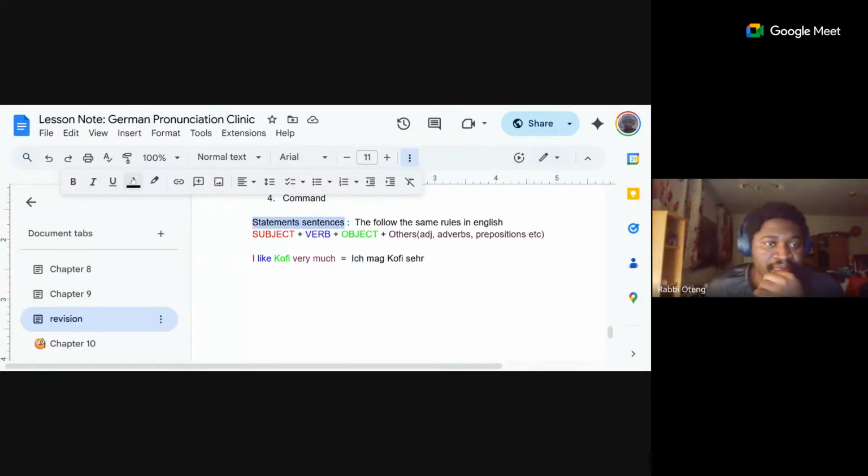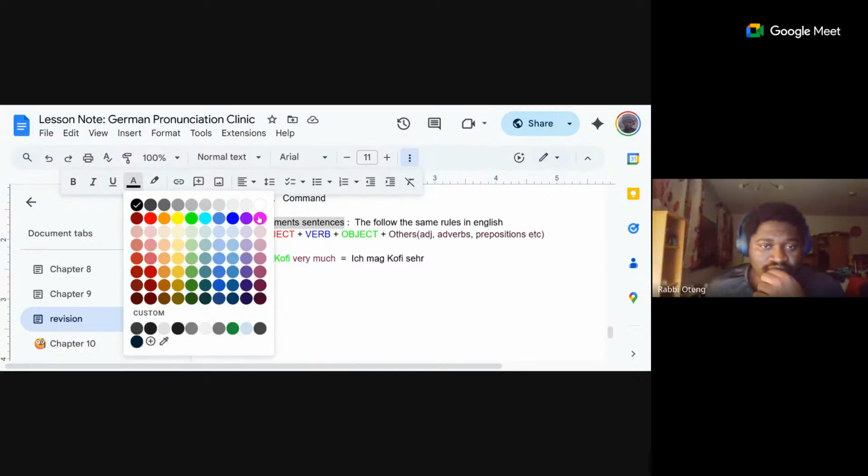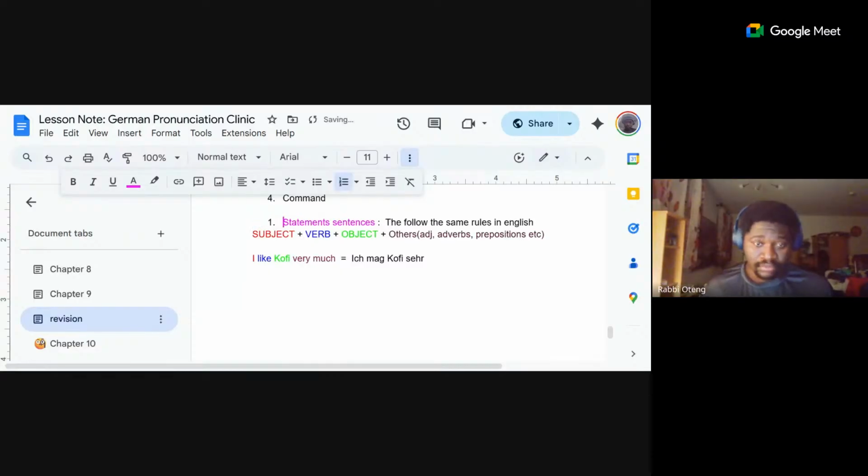Regardless of how you start the sentence in the main clause, the verb always has to be in the second position.